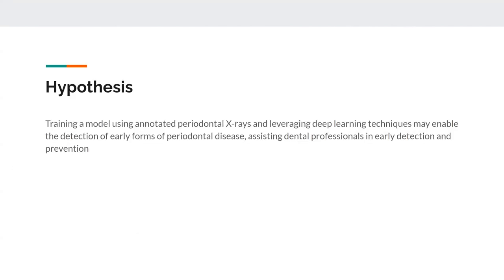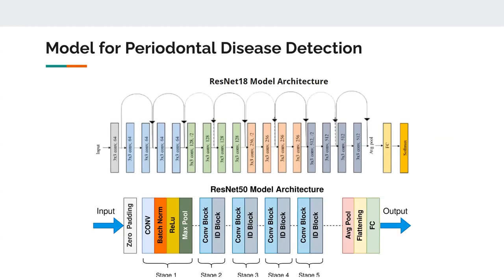For this experiment, I wanted to test a variety of test cases with a mixture of training sets and model types. So I started with this initial hypothesis: training a model using annotated periodontal X-rays and leveraging deep learning techniques may enable the detection of early forms of periodontal disease rather than established ones, assisting dental professionals in early detection and prevention.